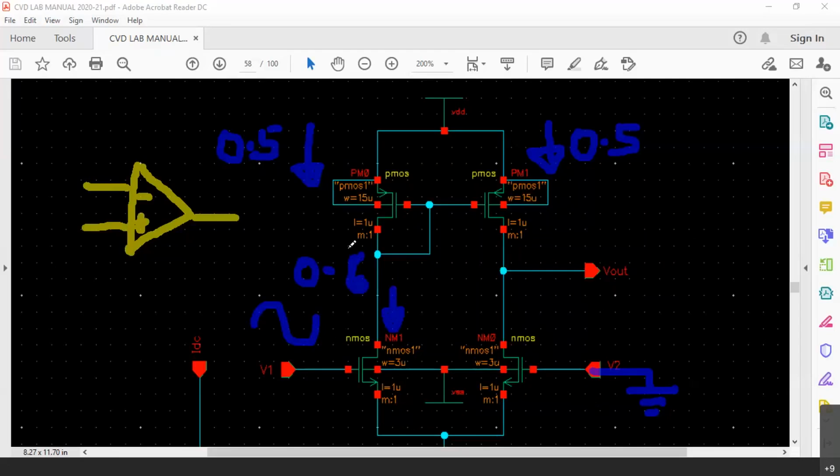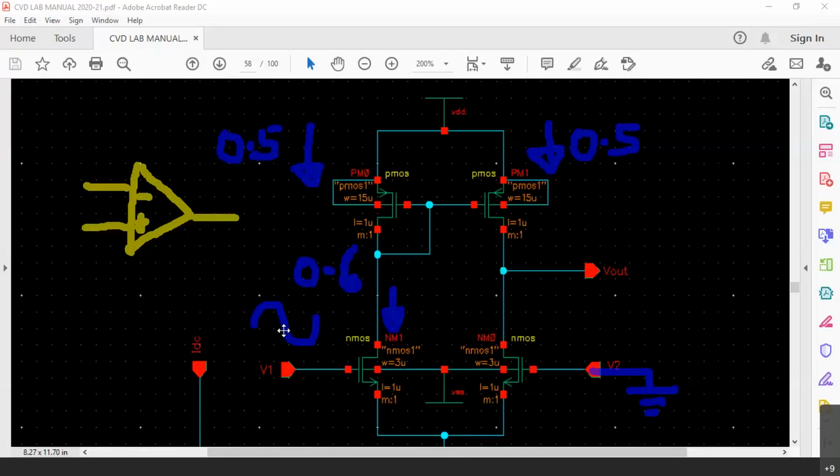Let us assume that way. Now we have seen that the current below is constant at 1 milliampere, by means of the biasing transistor. We have seen that the total current is going to be constant.